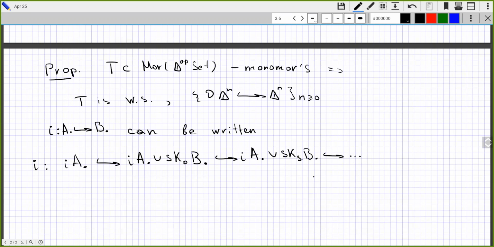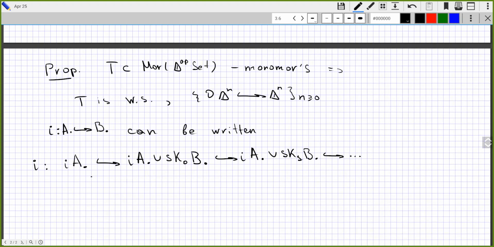And the fact that our category is closed under transfinite composition is that this one, so to say, composes, and in a sense it is a limit.